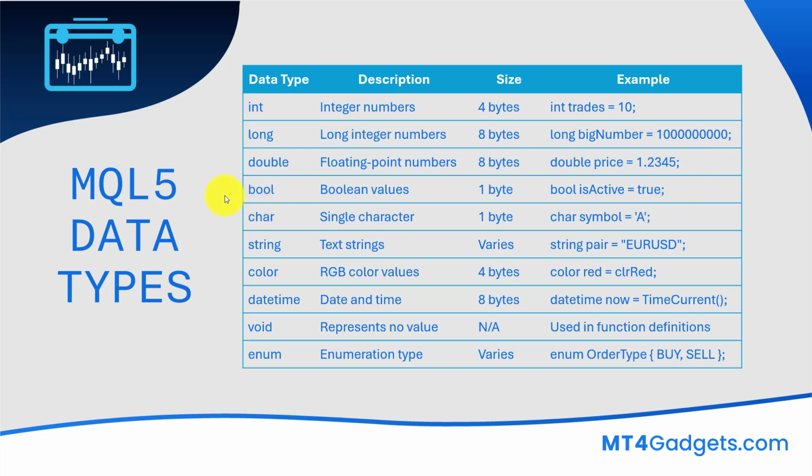One of the most used is also Boolean or bool, and it can be true or false. You've got char, which is a single character data type. So in this example, we've got a char variable named symbol, with a value of a, which is only one character.